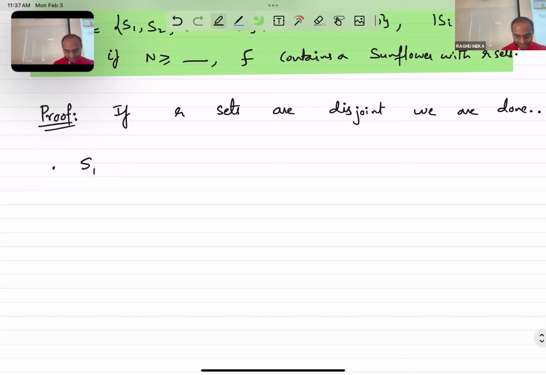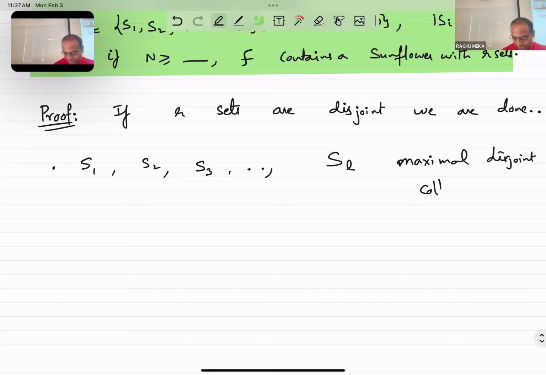I pick another set S2 which is disjoint from S1, if it exists. Another set S3. If it's disjoint, I'm happy. I'm just going to start with this. At some point I get stuck. So this is a maximal disjoint collection.